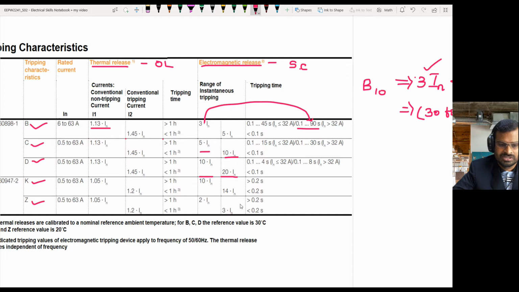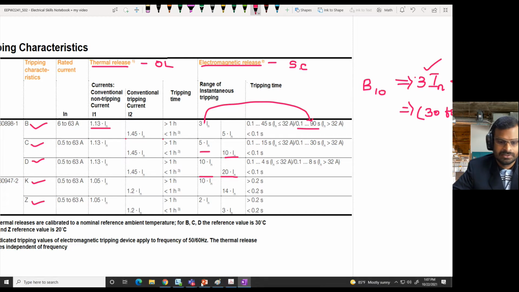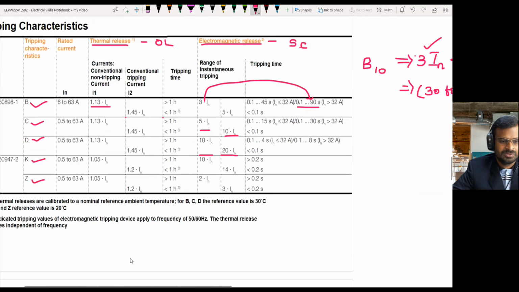So it is a very sensitive type of MCB, mostly used for semiconductor devices. You see here the IN values are also given for different ratings. So this is the tripping characteristics of various types of MCBs.